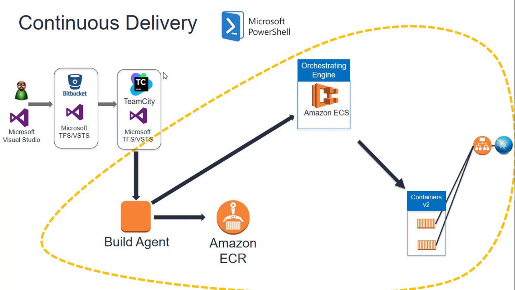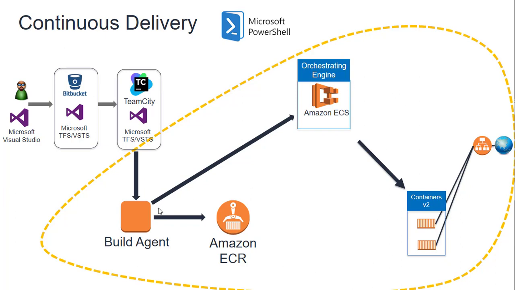So what we are going to do in the next lab is simulate this build agent with our lab machine or our development machine, and then write some PowerShell scripts to automatically deploy some containers into our cluster.